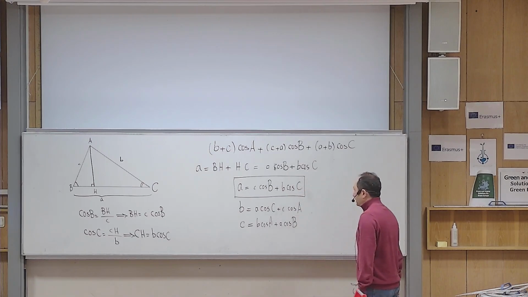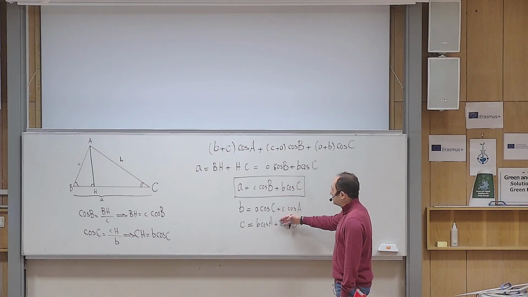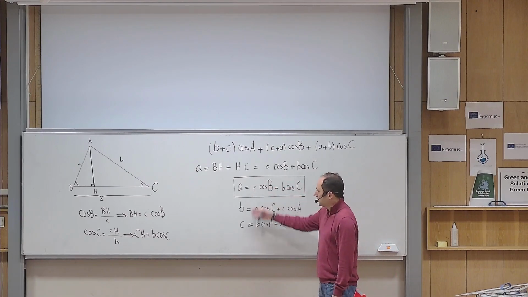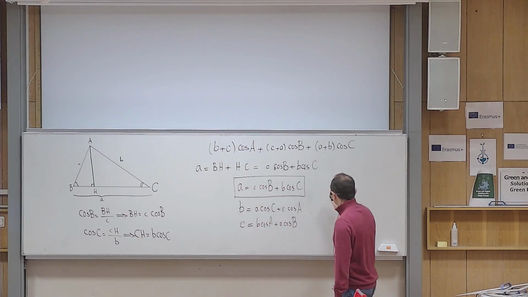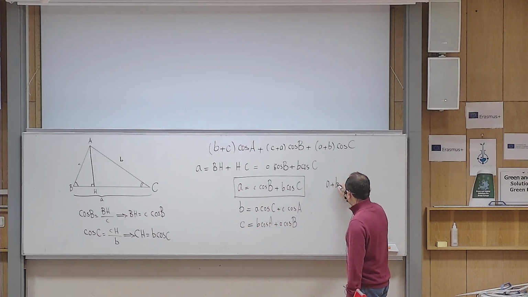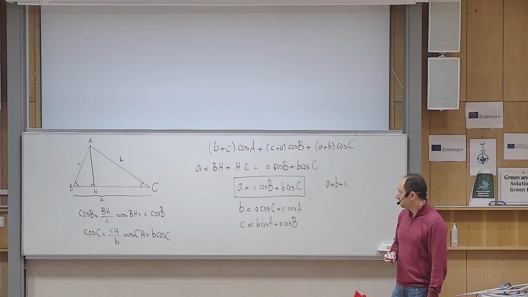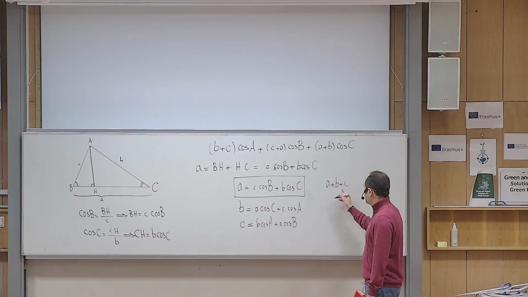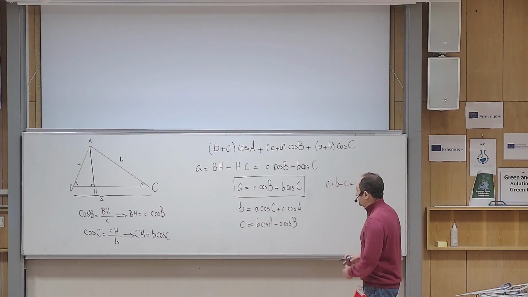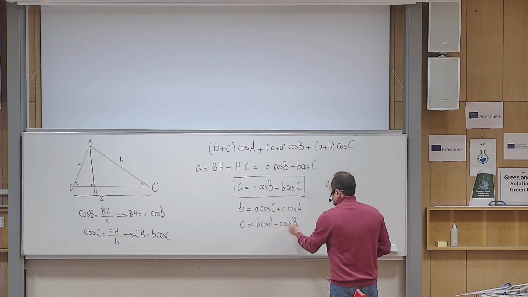Now, if I start adding these equations side by side, the left-hand side becomes a plus b plus c, which is very good because that's exactly what perimeter means. When I add the right-hand sides, you see cosine A appears in two places.